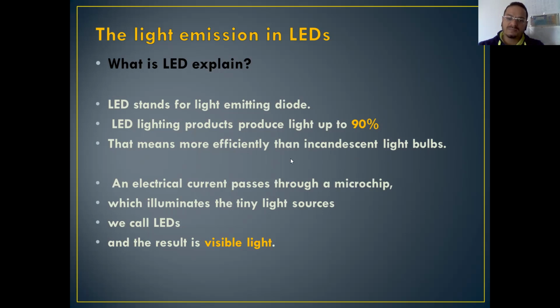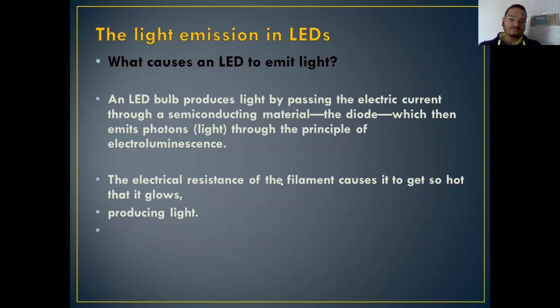An electric current passes through a microchip with tiny light sources we call LEDs, and the result is visible light. Here the microchip generates a spectrum of visible light, starting from 400 nanometer and finishing at 700 nanometer, no more, no less.